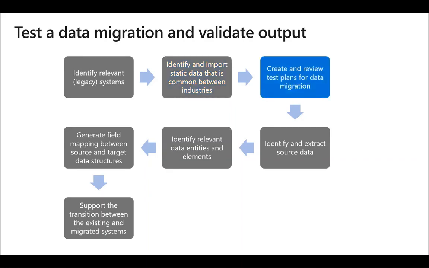The third step is to create and review a test plan for data migration. Our plan for data migration needs to be ready to guide us through the process. Make sure that the right system permissions are applied on the source resources to have a successful data migration.